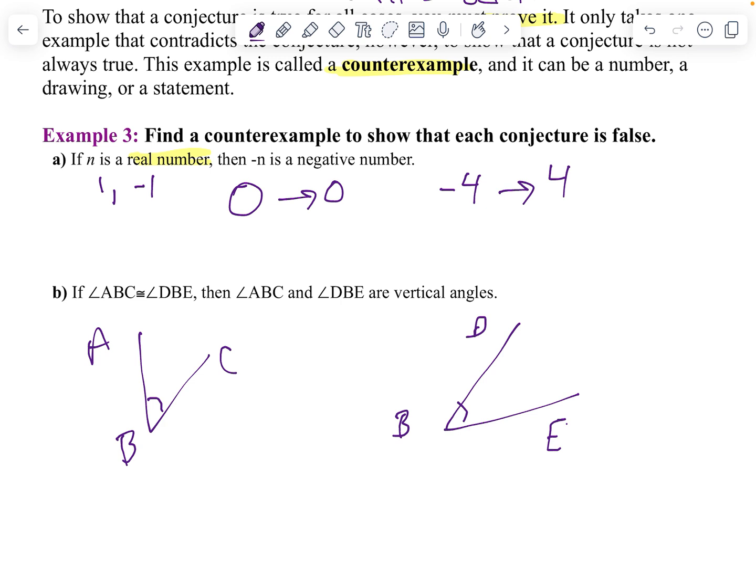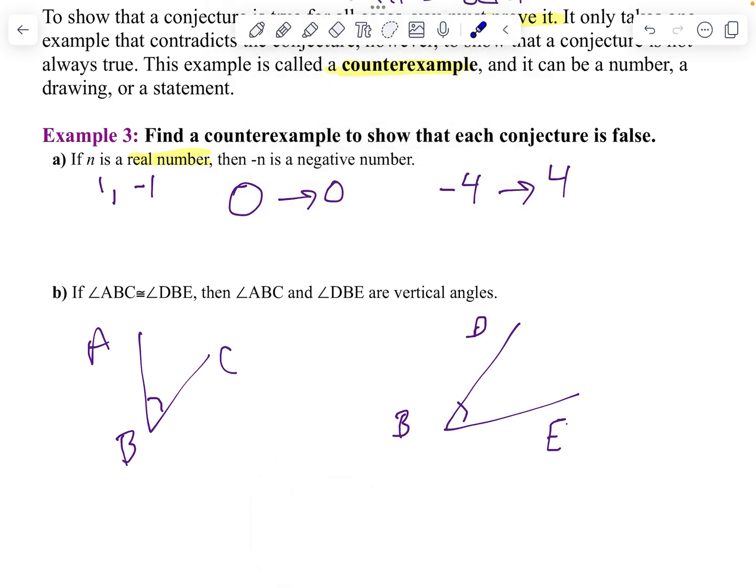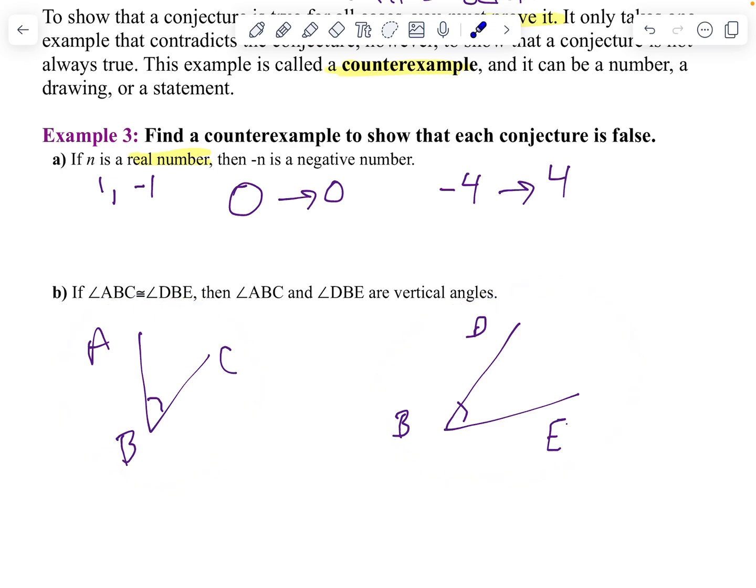So when you're asked to show a counterexample, you show the first part is true, but not the second part. For example, on example A, I showed a number on the number line, sorry about that, I'm trying to get my highlighter here, okay? My number on the number line, that's true, but the conclusion is not true. Here, I've got two angles, they're congruent, but they're not vertical. So I met the first part, but the second part was not true.